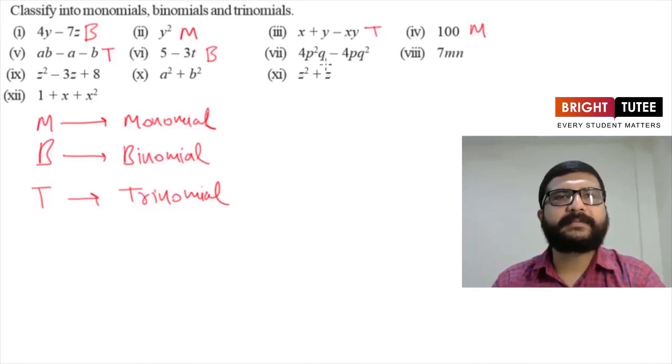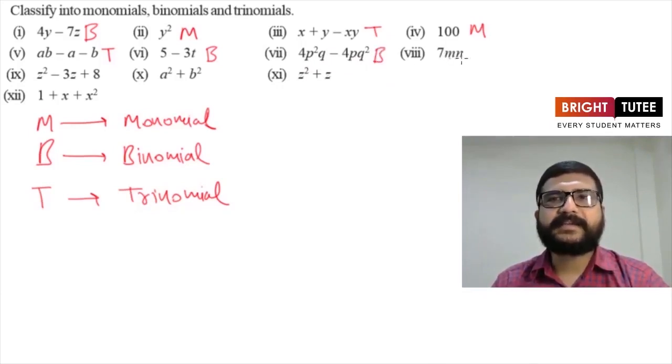In both the terms variables are p and q only, but their powers are not same. Power of p is 2 in the first term and in the second term it is 1, and power of q in the first term is 1 and power of q in the second term is 2. Powers are not same, so it means the terms are unlike terms. So here in this expression we are having two unlike terms. It means this one is a binomial.